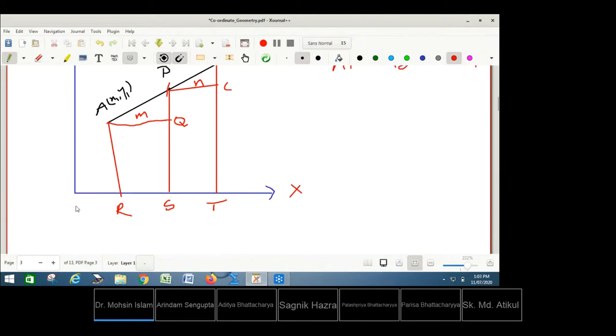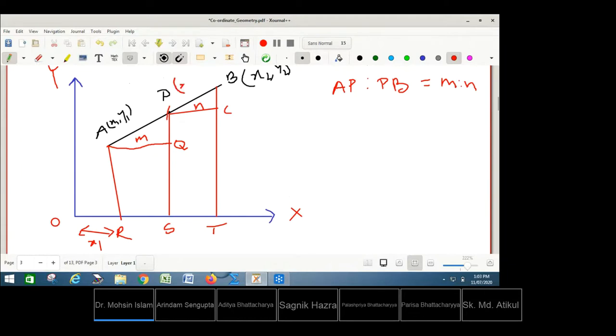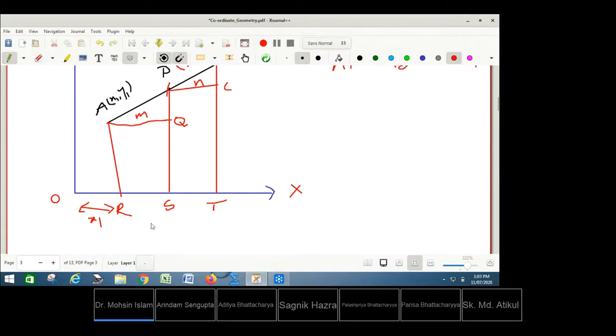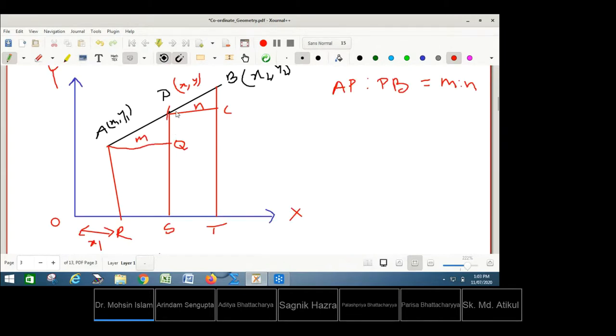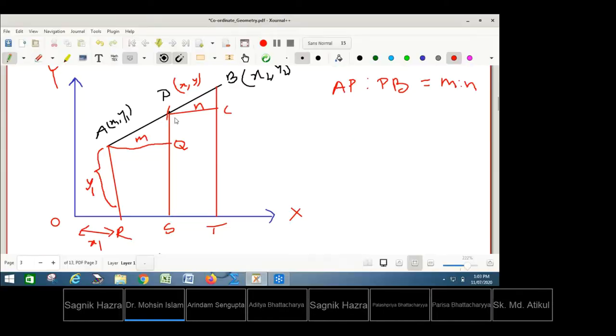Now you see this is your origin, so this distance is x1. The coordinate of P is x comma y, so this distance is x. This height is y1, this height is y.